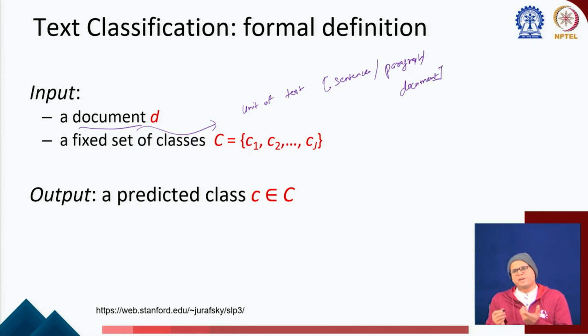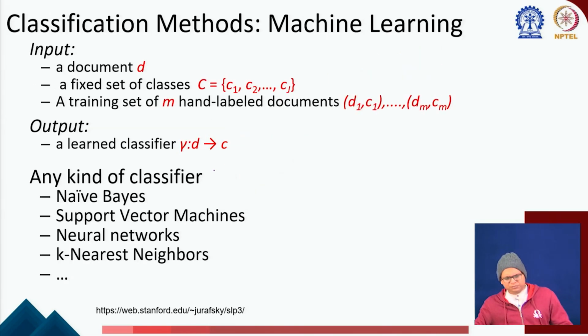It can be a snippet from the user, or a particular review. You want to classify it into one of the predefined J classes C1 to CJ. This can be positive, negative, neutral in the case of sentiment analysis, so just 3 classes. Given this setting, you want to predict the one class that correctly categorizes the document D. That's the problem of text classification.